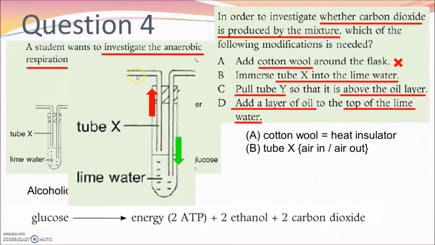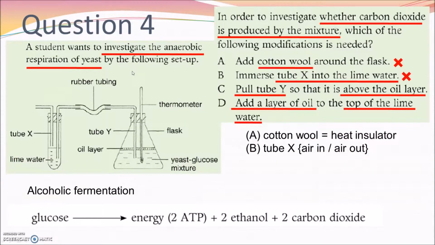Remember that for this tube, imagine we put the tube in the liquid and then we try to draw the liquid from this tube. Actually we are drinking the water, right? So when the tube is immersed in the liquid, it must be air in, and when the tube is above the liquid, it must be air out. So that means option B is also wrong.